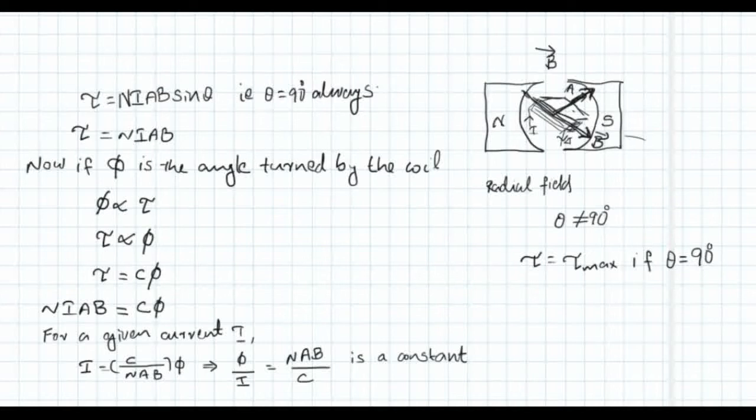So phi by I is a constant, and it is called current sensitivity of the galvanometer. The term phi by I is called current sensitivity of the galvanometer.